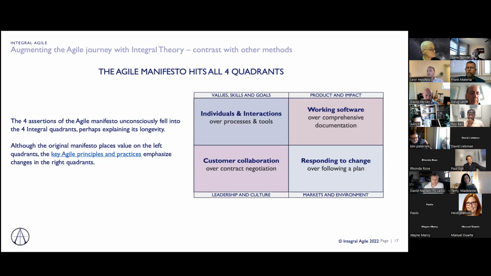If integral theory represents the totality of human knowledge, and Agile touches on, however consciously or unconsciously, those ideas, one of our beliefs is that's why it resonates, and why it continues to be as dominant as it is in the industry. The other reason being that it continues to absorb and grow as it moves.